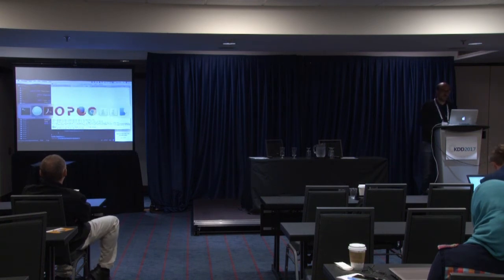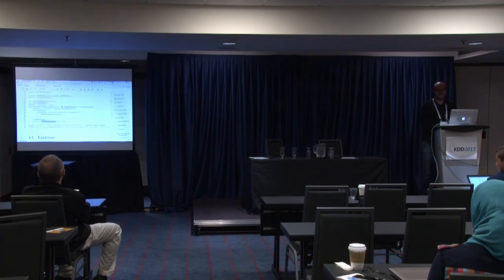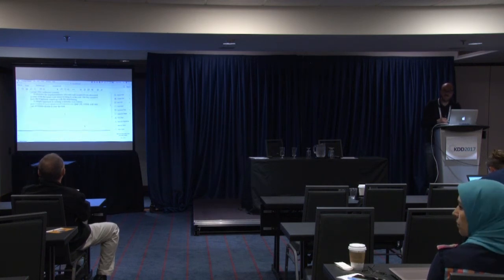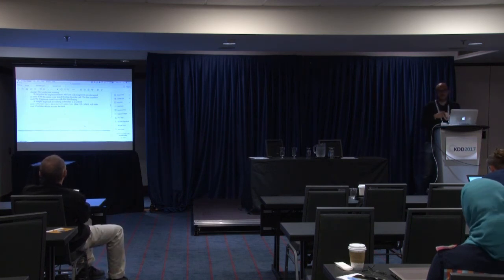So this is how to use the Java API, but what could be more interesting is to create a new classifier, or a new learner. How should we do that? It's very simple. Basically we only need to write 3 methods. One is to initialize the classifier, one is to do the prediction, and the other is to update the model.